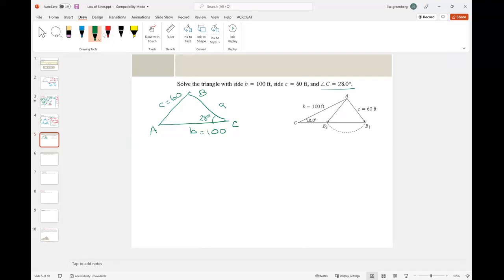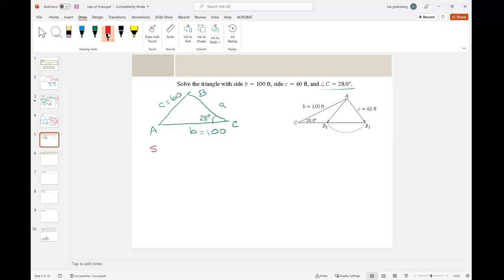So first I'm going to solve it, and then I'm going to explain what that picture is trying to show. So again, I'm going to use my C because I know both of my C's.